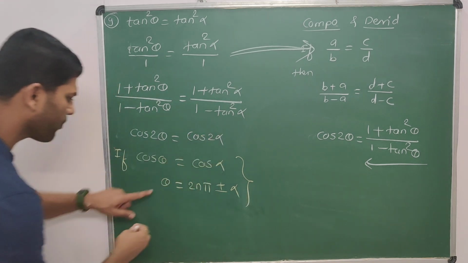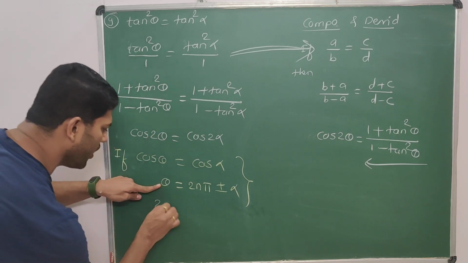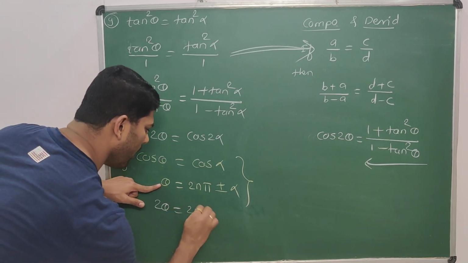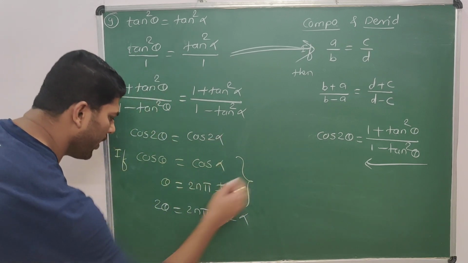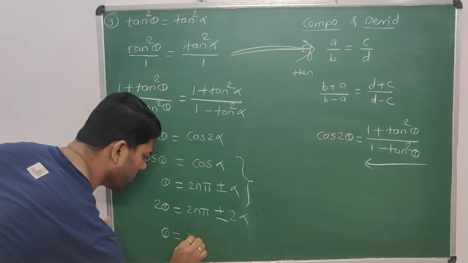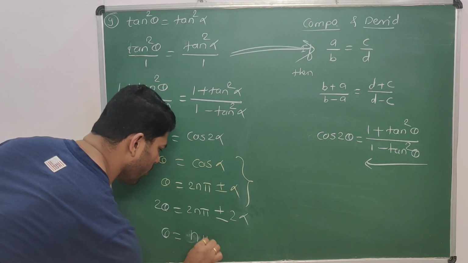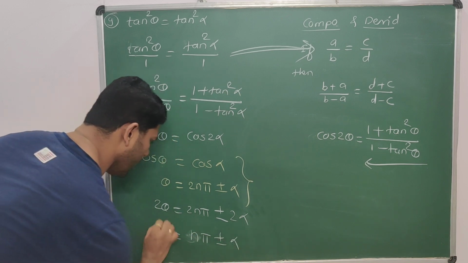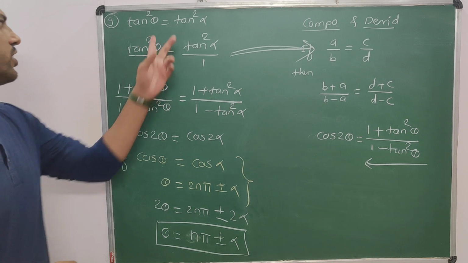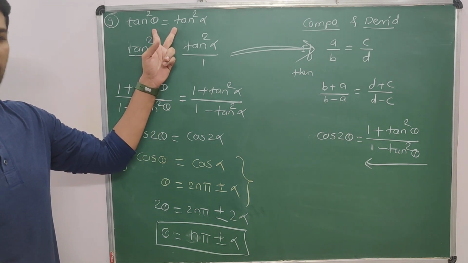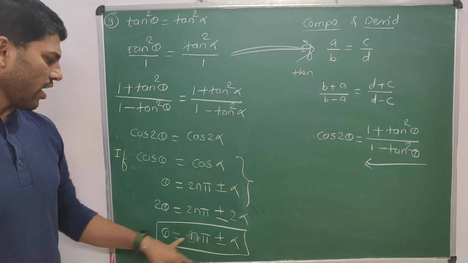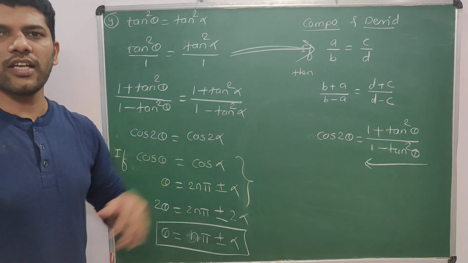So theta is 2 theta, 2n pi plus minus alpha is 2 alpha. Now I am dividing throughout by 2. So the final general solution of tan square theta equal to tan square alpha is theta equal to n pi plus minus alpha.